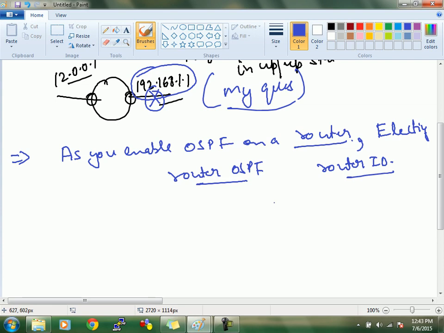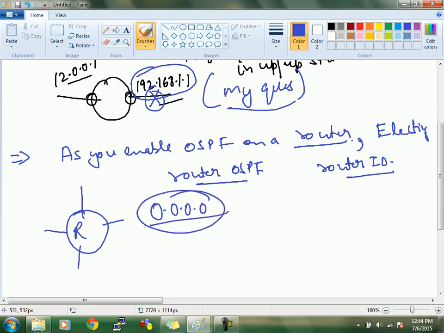It means as soon as OSPF comes up on a router, the first thing done is that the router ID is elected. Now again a question. Yes, very good question. If no interface is up on the router and no IP address is assigned, what router ID will be elected? 0.0.0.0. And as soon as an interface comes up, that IP will be elected as the router ID.